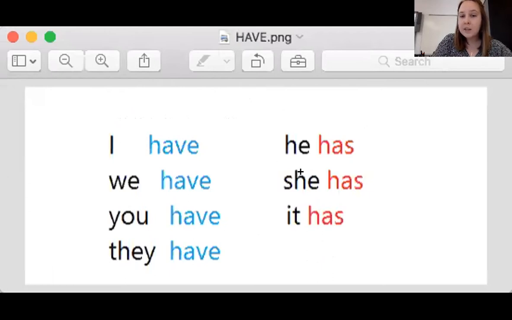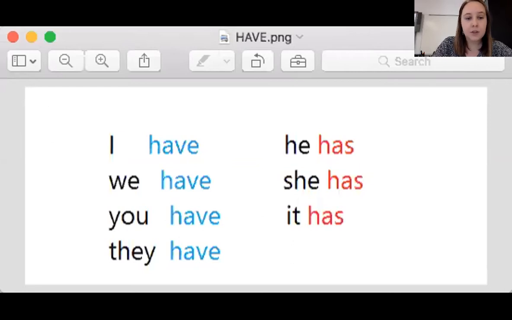But for he, she, and it, this also includes people's names, we use has. He has, she has, it has. So this have verb changes based on who the sentence is talking about.